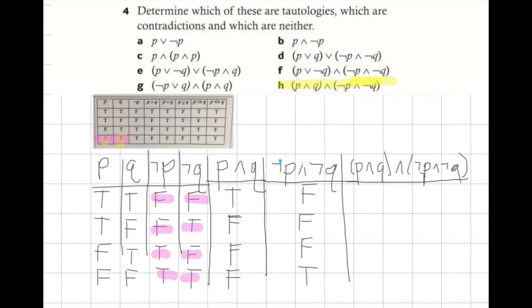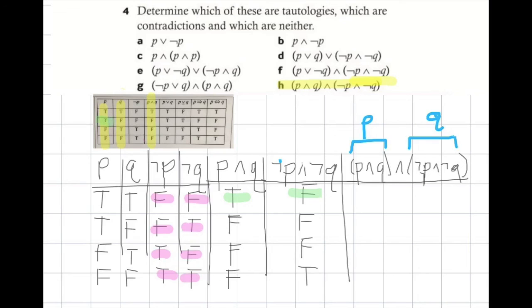Let me just reset this though. So we're looking at this column, and in this situation this statement here is P and this statement here is Q. So if we look at the first line, P and Q is true, not P and not Q is false.